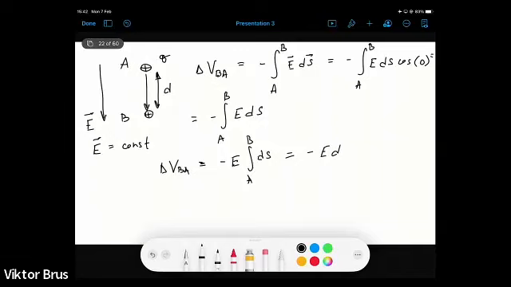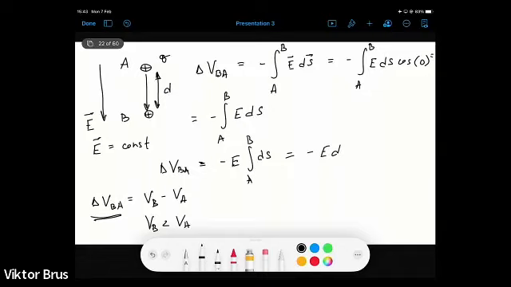So here, this minus shows us that the electric potential at point B is lower than the electric potential at point A. We also wrote before that delta V BA is equal to VB minus VA. If this is negative, it means that VB is smaller than VA.